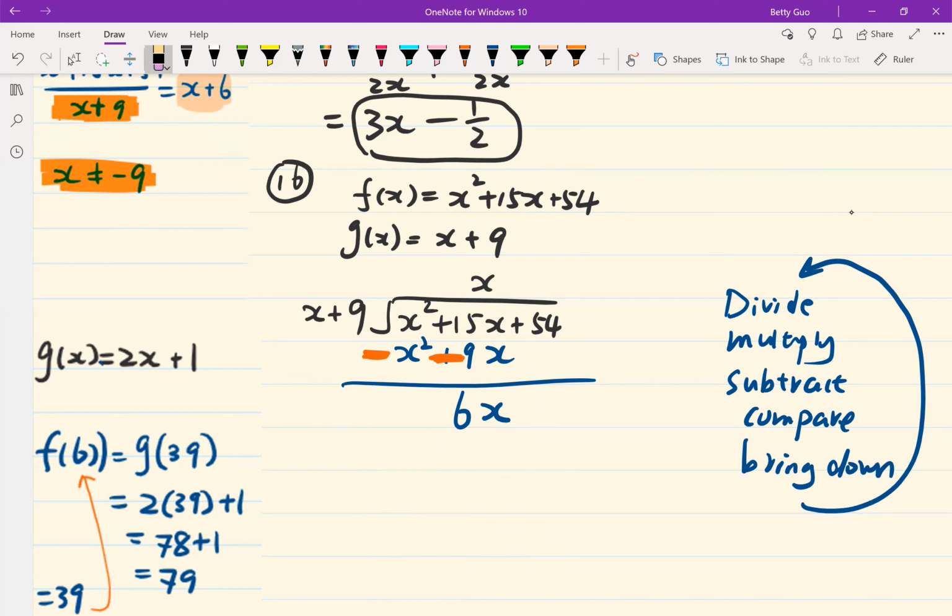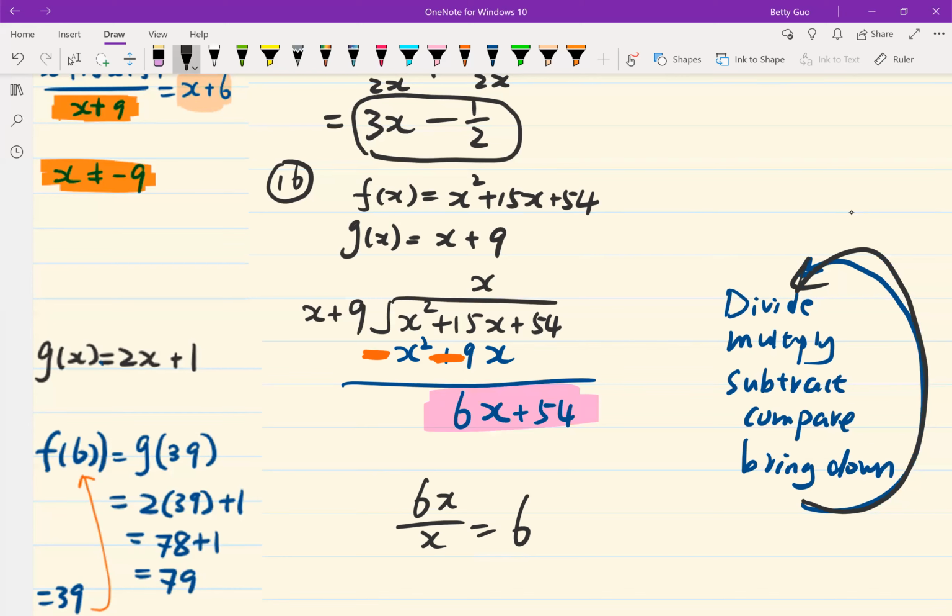So we continue the process, bring down the next term, 54. And this polynomial is going to be the new dividend. We do the process again, divide. We use the first term in the pink polynomial to divide by the first term in the divisor.